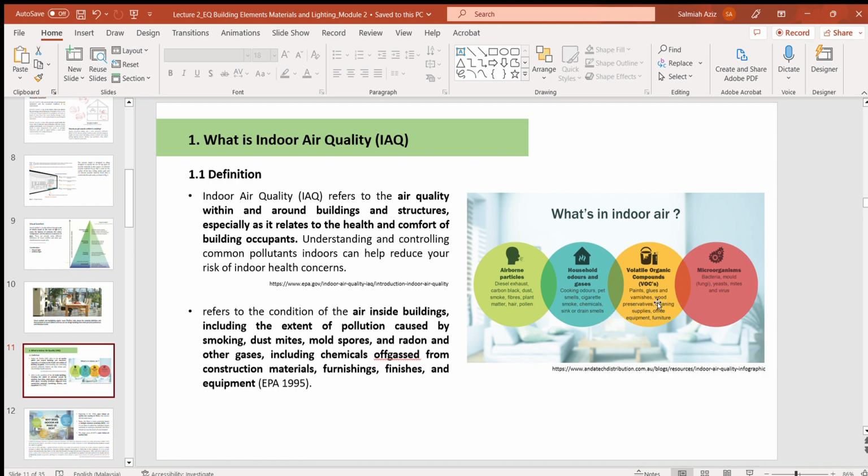VOCs include paints, glues and varnishes, wood preservative, cleaning supplies, office equipment, and also furniture. Under microorganisms, there are bacteria, mold, fungi, yeast, mites, and virus. So this is what we call the contaminants in a room.